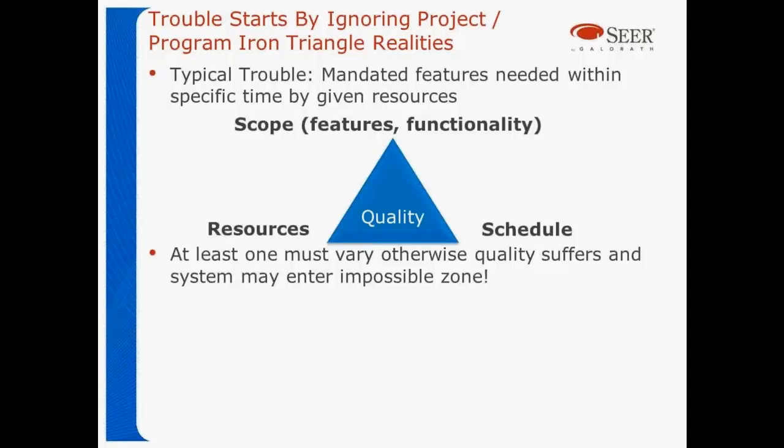It covers the scope, or how many features and how much functionality are needed, the resources available to build those, and the schedule on which they're built, and in the middle of this is quality. If you don't give on something, quality goes down. As Lee said, tossing features is one way to reduce schedule and not violate quality. Some people might say they had to have all these features, and that's probably true, but perhaps there was a way they could have incrementally put some of them in.